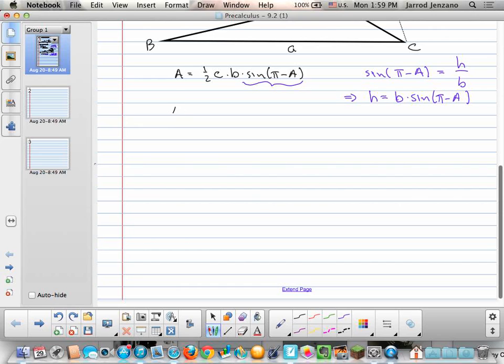So the area equals 1/2 of C times B times the sine of A.